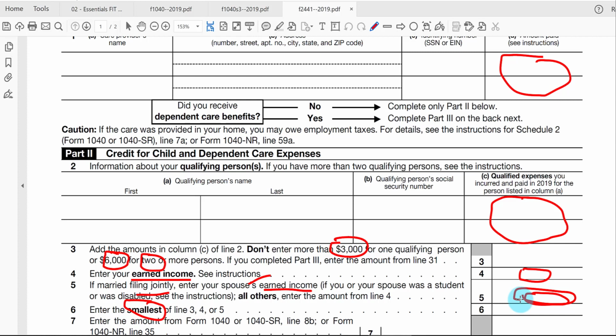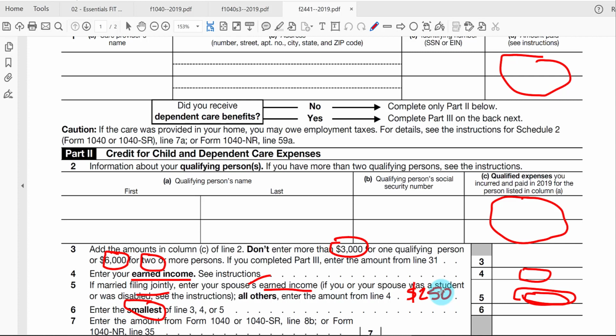That make-believe amount is $250 per month when our spouse is a full-time student, or if the spouse is disabled and cannot take care of themselves.